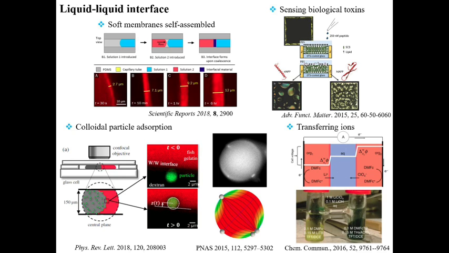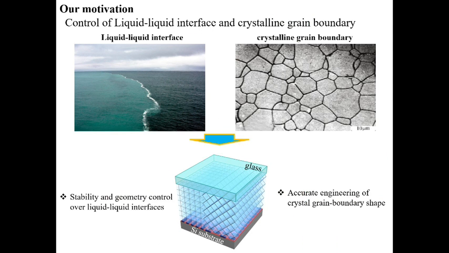So the liquid interface is also very useful. But as we all know, it is easy to control, not easy actually, but there is a way to control the grain boundary in solid-state metal material. However, it is very hard to control the grain boundary in the liquid phase, right? Because they are isotropic fluids.